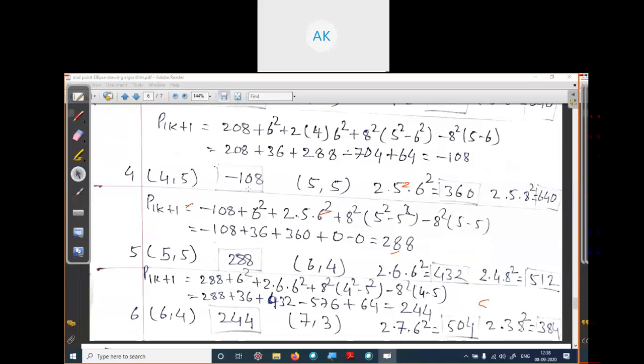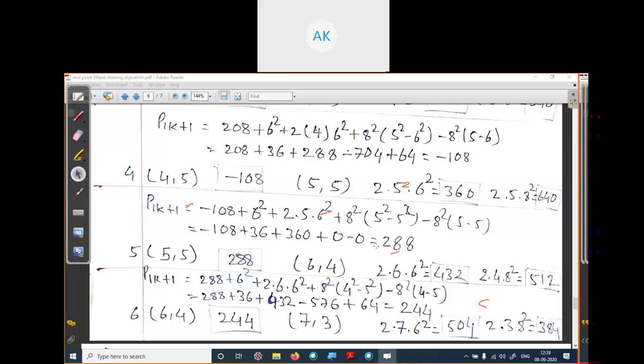Minus 108 is the previous decision parameter value, ry square into 2 into yk plus 1, 5 into rx square, ry square, which is 6 square, plus rx square yk plus 1 square, which is 5, and yk square, which is 5, and again minus rx square into yk plus 1 minus yk, 5 minus 5.